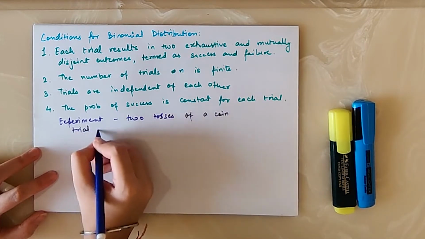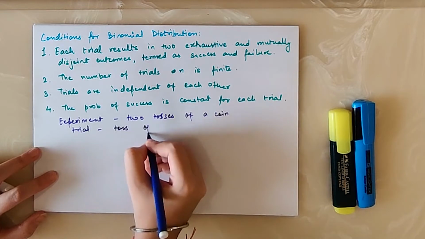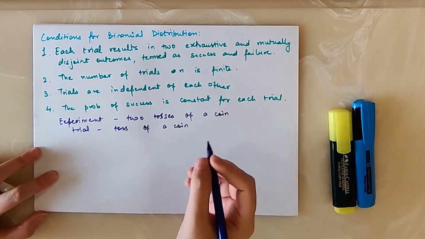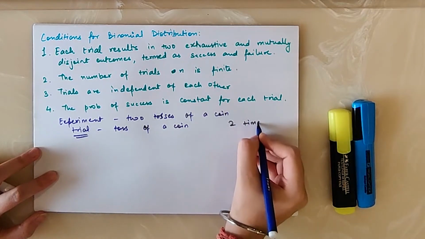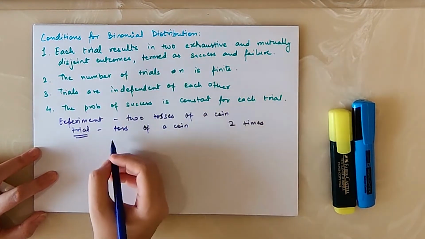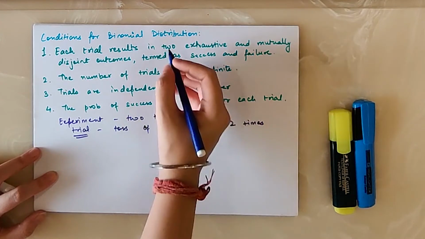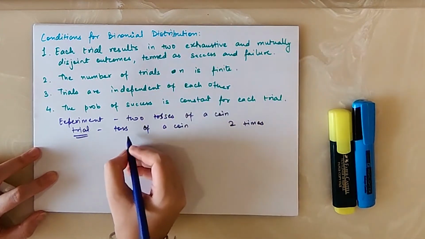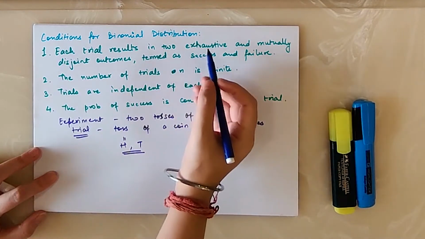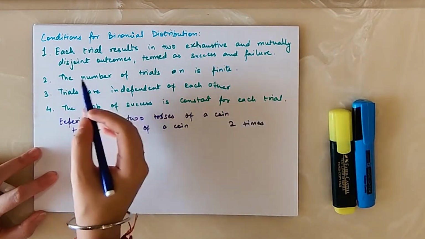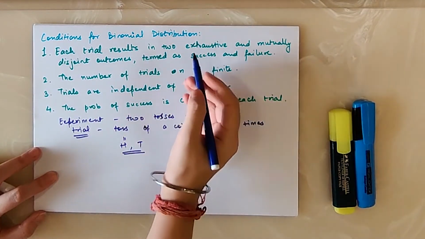Our trial is the toss of a coin, and we are doing this trial 2 times. Each toss results in head or tail, which means that these are two exhaustive and mutually disjoint outcomes.